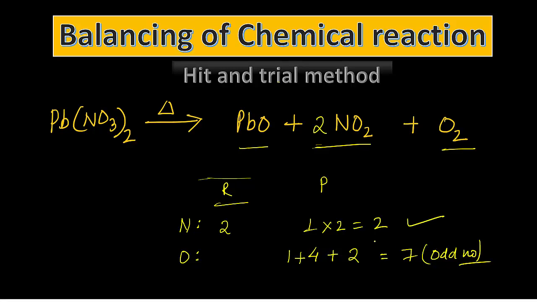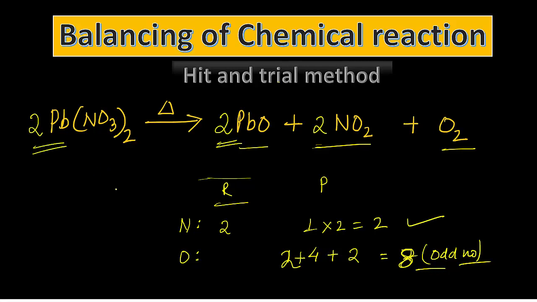That means there is some problem. What we can do now? We can place 2 before lead to make oxygen 2. So now what is the number of oxygen atom? This is 8 now. Okay, so as I have placed 2 before lead, we have to place 2 here also.